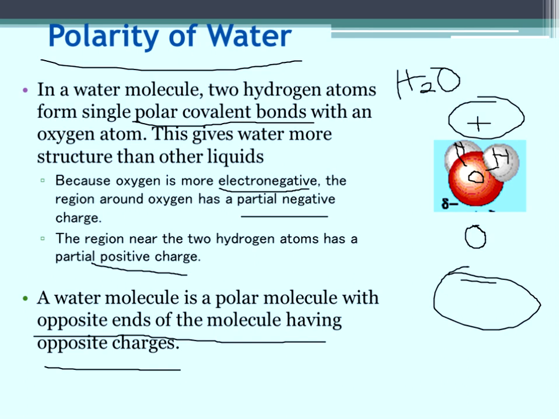So, if I were to draw a water molecule, let's go back to here. We have H, O, I'll label it for you. This area, remember, is positive. This area is negative.